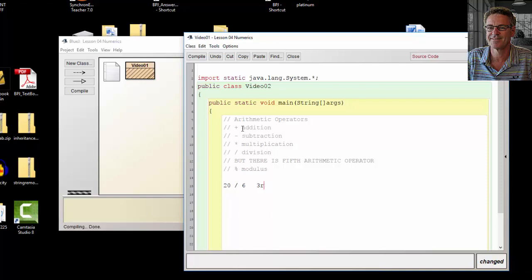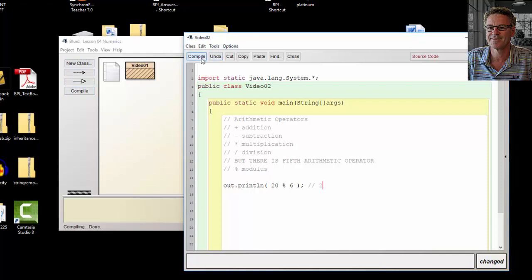That's what modulus is. So when I go out.println 20 modulus, percent sign, modulus 6, then on the screen I'm going to get just the remainder part. We're going to see here a 2.